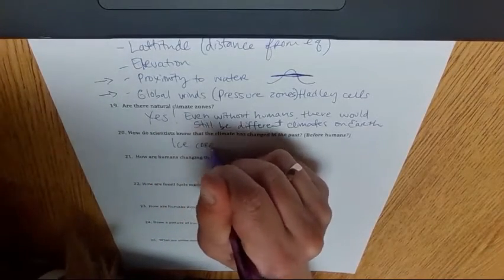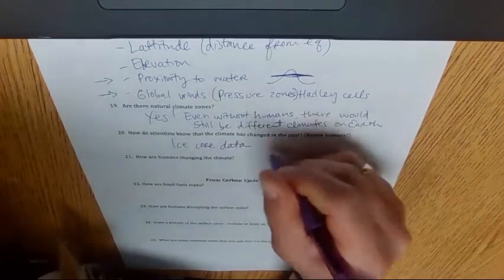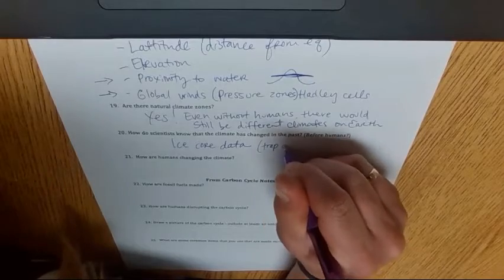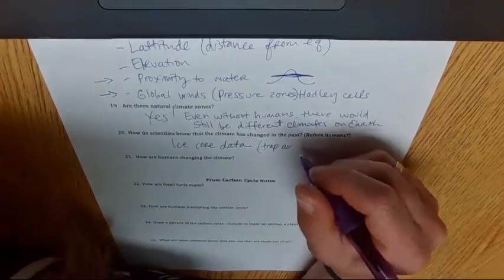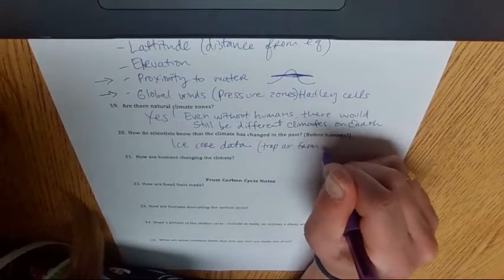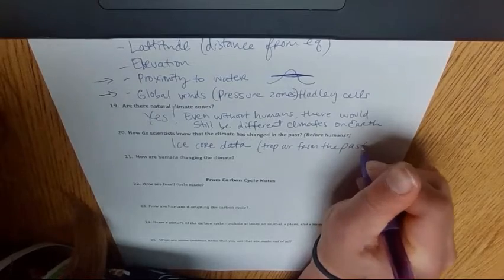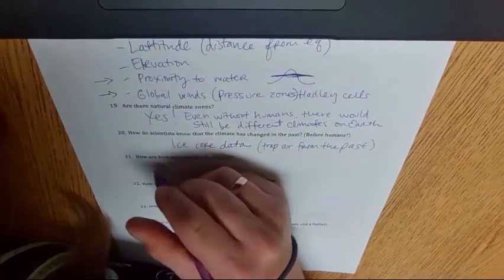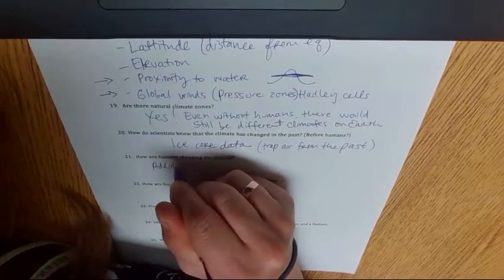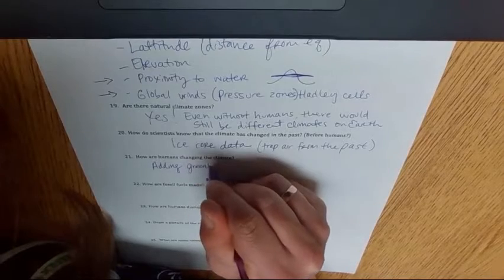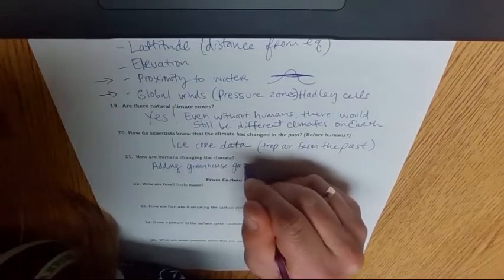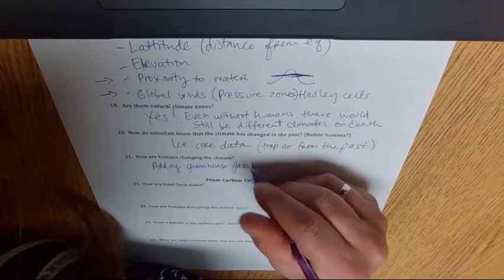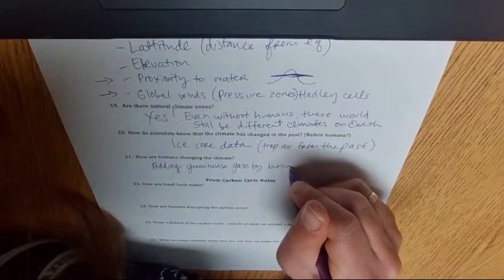Ice core data, which trap air from the past. How are humans changing the climate? Adding greenhouse gases. By burning fossil fuels.